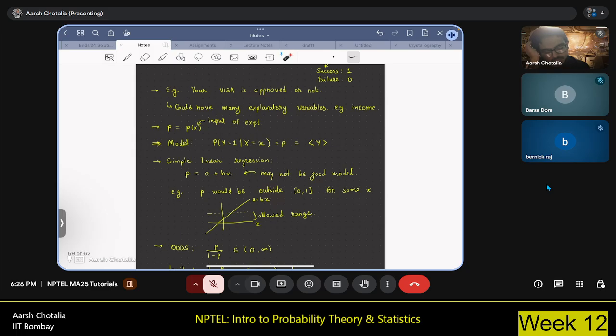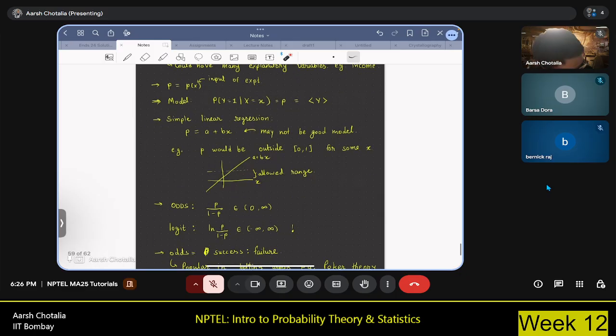The first model we might want to consider is that p is equal to a plus bx. So as x increases, p keeps on increasing if b is positive, which means probability will eventually reach greater than 1. In fact, it will go towards infinity, which is senseless, right? Because probability is always between 0 and 1.